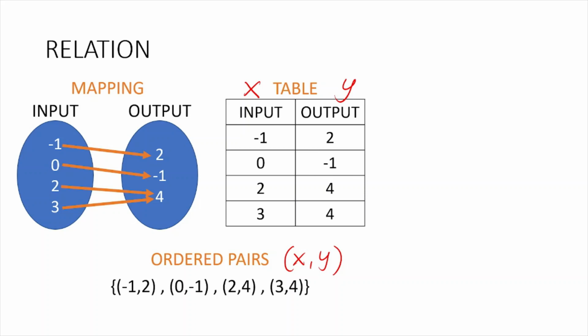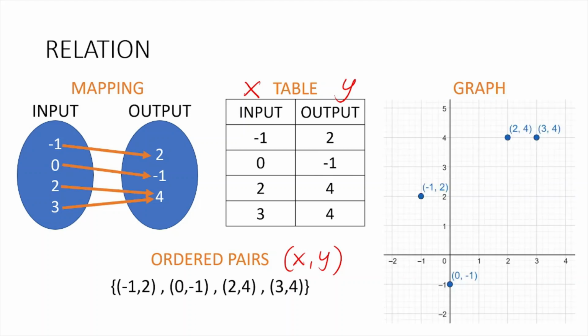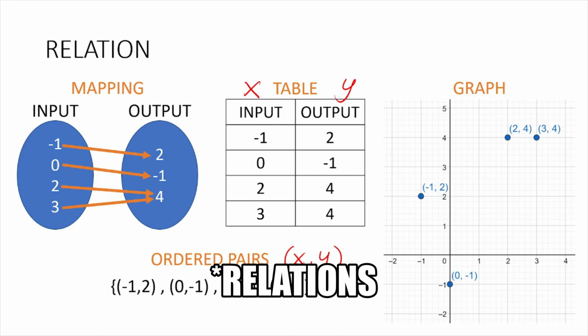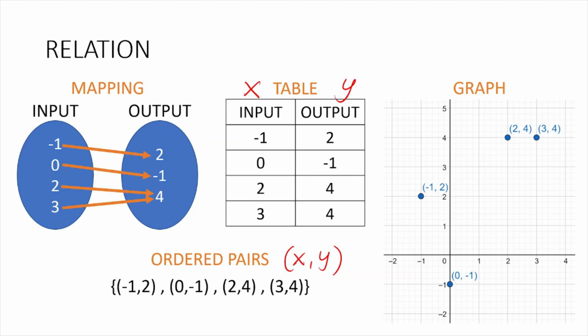Therefore, we can plot these ordered pairs as points in the rectangular or Cartesian coordinate system like this one, okay? So these are the ways we can show or present solutions. We can do it through mapping, through tables, ordered pairs, or point plotting and generating a graph.